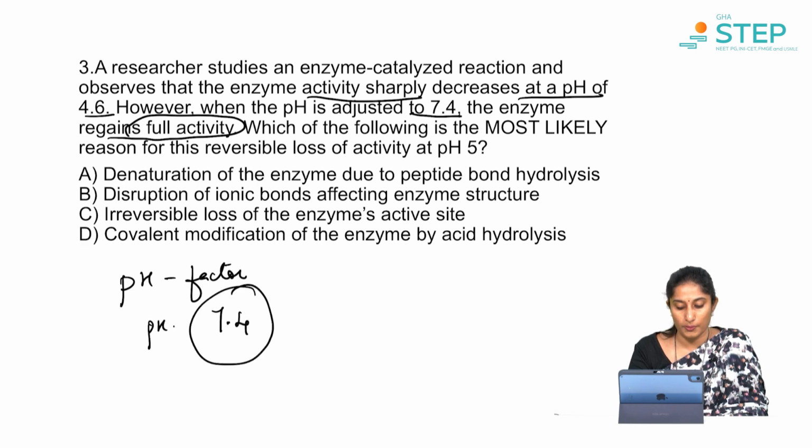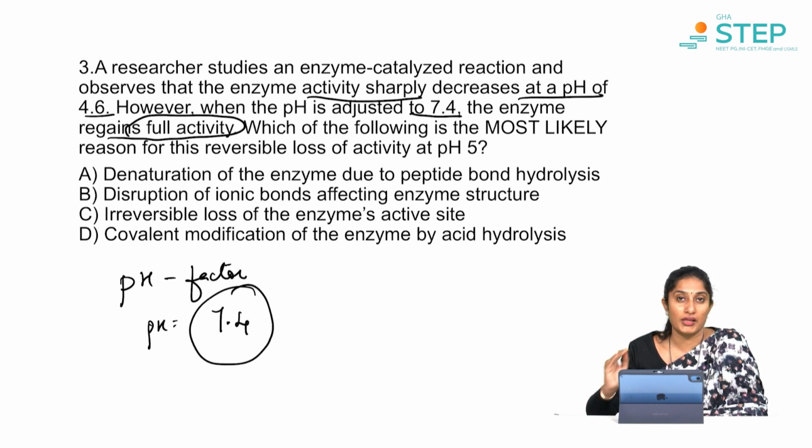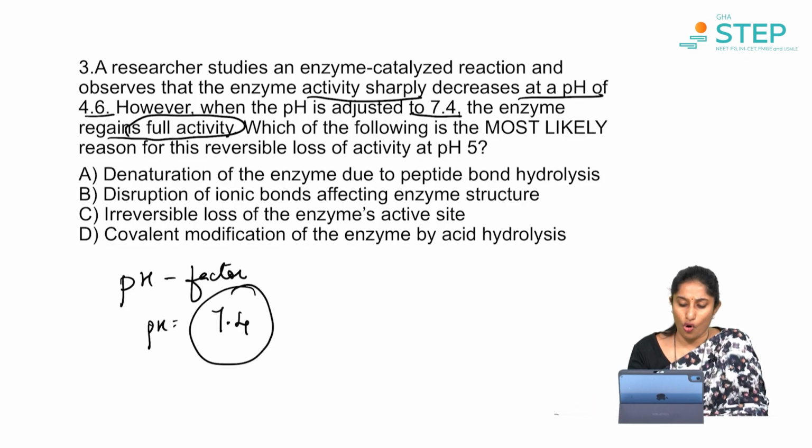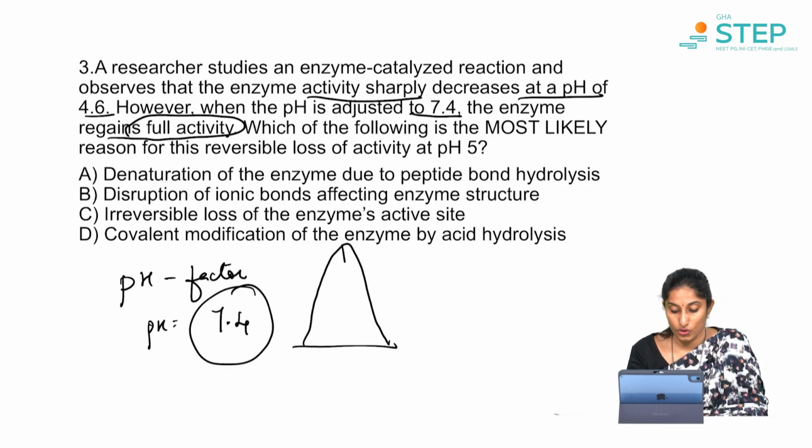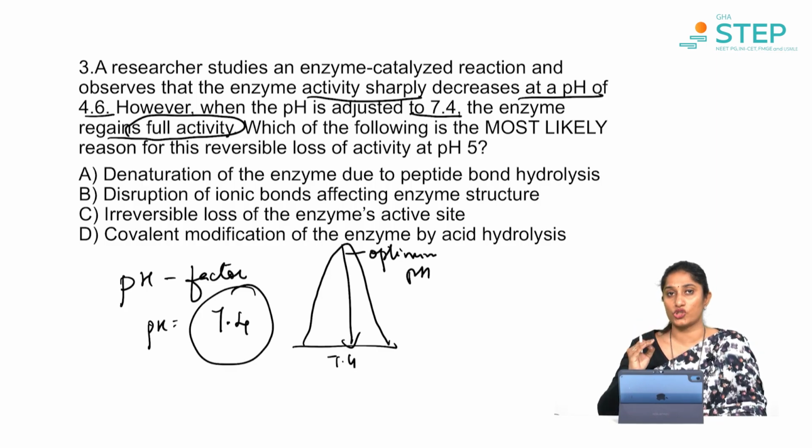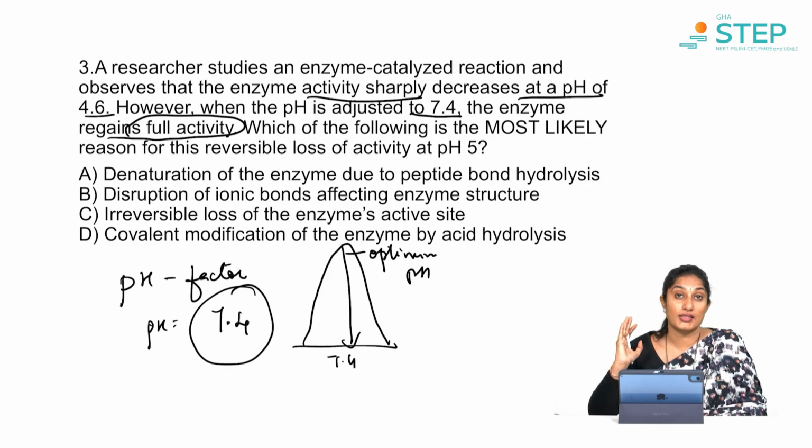This is our normal blood pH. At this pH, the action of the enzyme is maximum. So, if I am telling 7.4, this is the optimum pH. The pH at which enzymes have the best of their activity is called the optimum pH. And what is that pH?